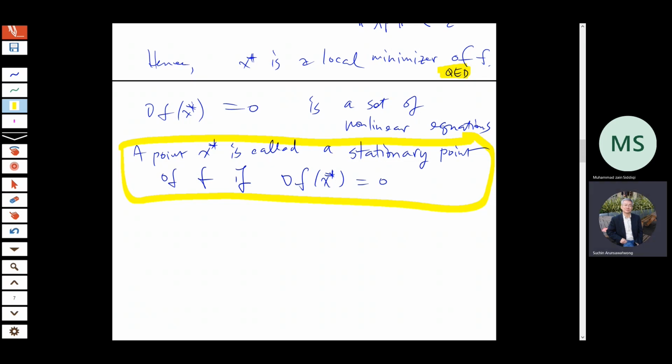If we don't have any information about the function f, then this is the best we can do, when we don't know whether the function f is convex or non-convex. Assume that f is a non-convex function.